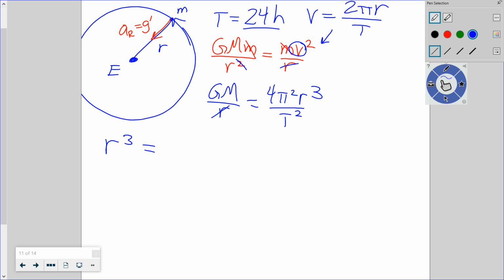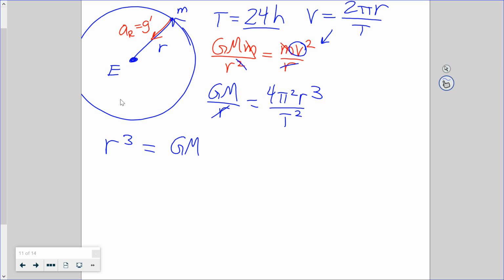R cubed equals big G times the mass of the Earth. We have to do 24 hours in seconds squared, and then divided by 4 times pi squared. And we have to take that to the 1/3 power, or the cube root. Okay? That's a job for our calculators.